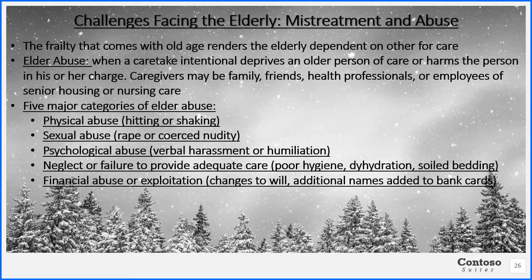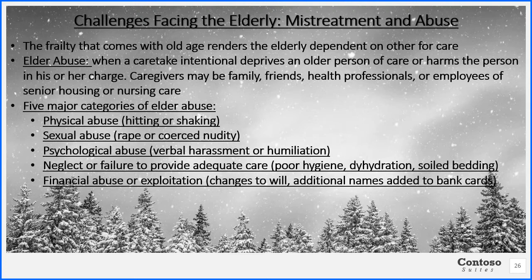And the last slide here, we've got these different challenges that face the elderly, particularly mistreatment and abuse that can happen at this life stage. Obviously, when you're older, you become a lot more dependent on others for your day-to-day care and existence. And becoming older also tends to come with a lot of frailty.